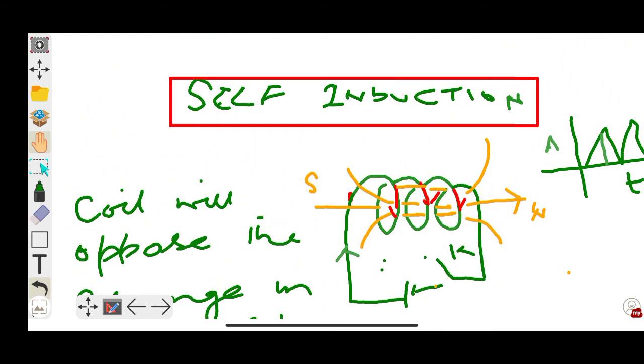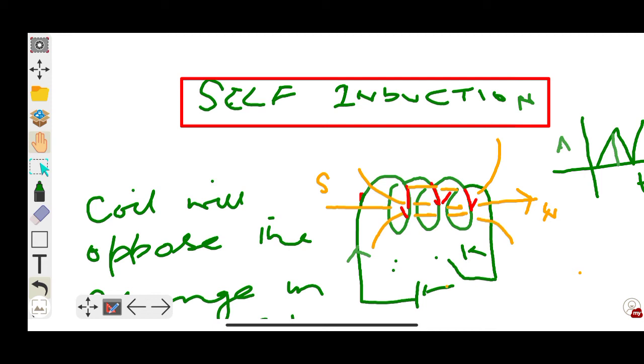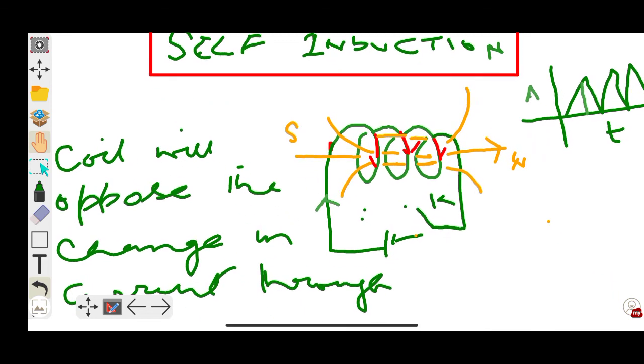So what I'm saying is that we are describing self-inductance, and in self-inductance we take a coil, and that coil is connected across a battery, and it has a tapping key over here.